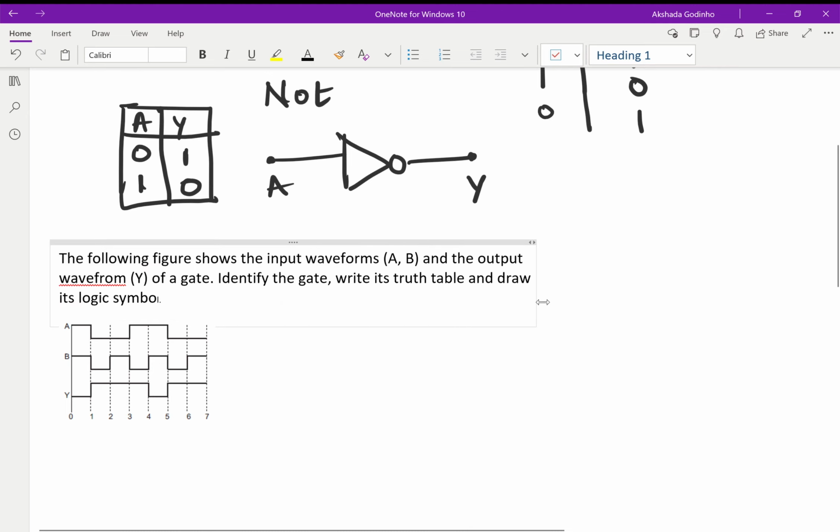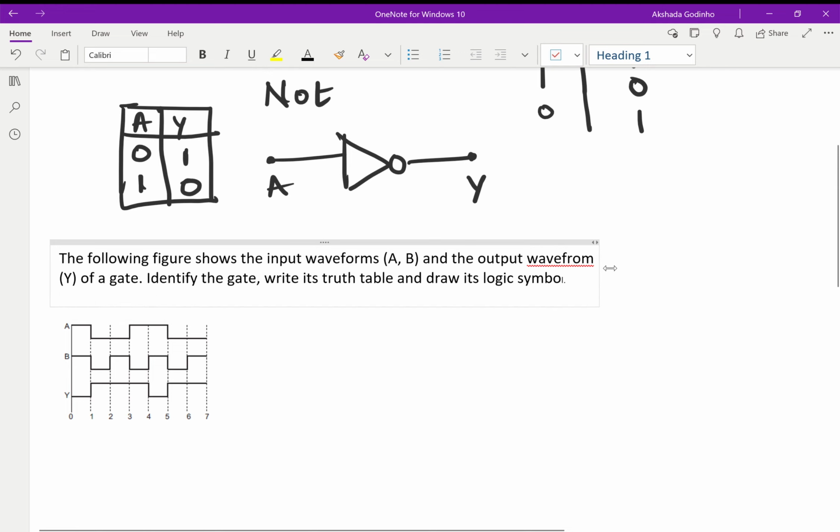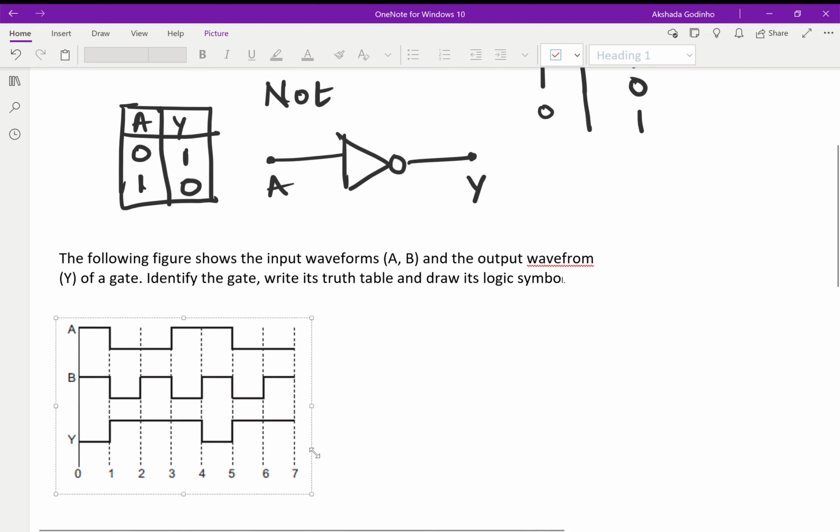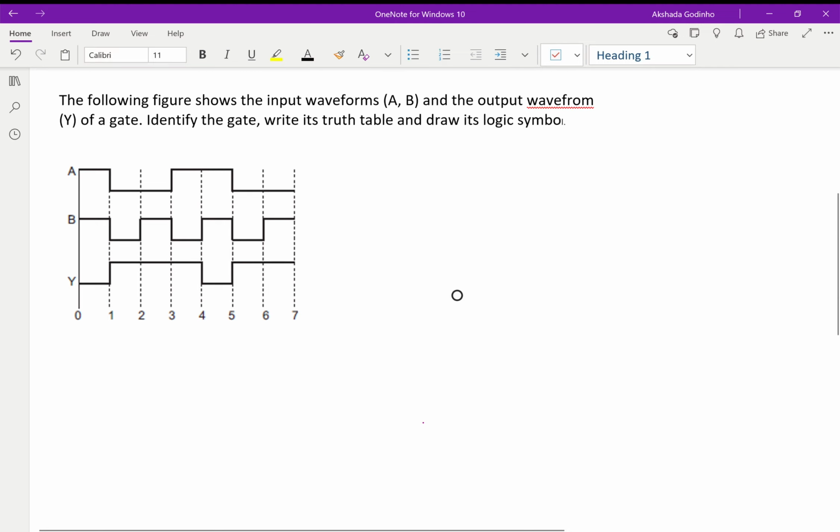The following figure shows the input wavefronts A, B and the output wavefront Y of a gate. We need to identify the gate, write its truth table and draw its logic symbol.